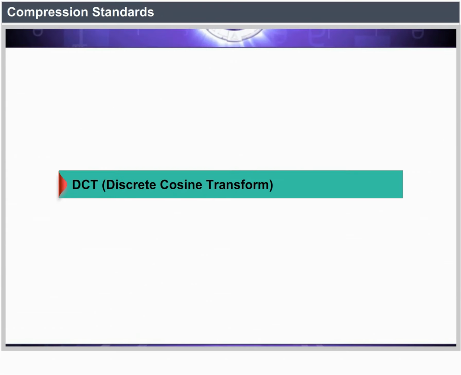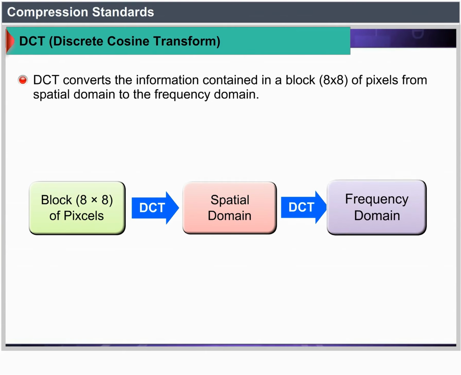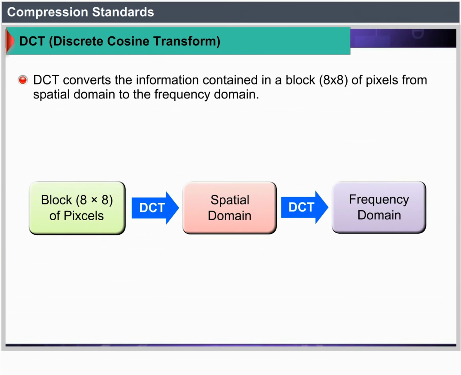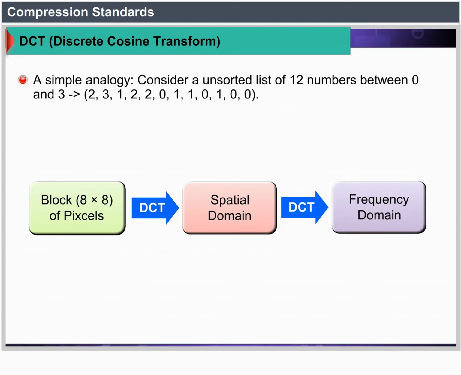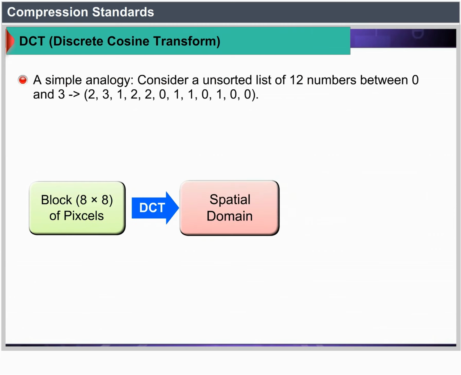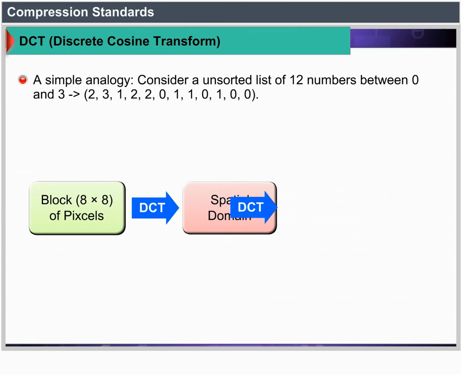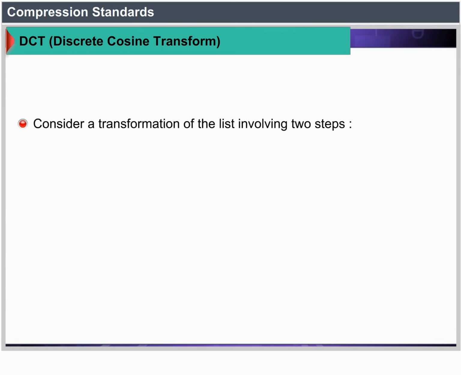DCT, Discrete Cosine Transform. DCT converts the information contained in a block of 8 by 8 pixels from the spatial domain to the frequency domain. A simple analogy: consider an unsorted list of 12 numbers between 0 and 3, such as 2, 3, 1, 2, 2, 0, 1, 1, 0, 1, 0, 0. Consider a transformation of the list involving two steps.